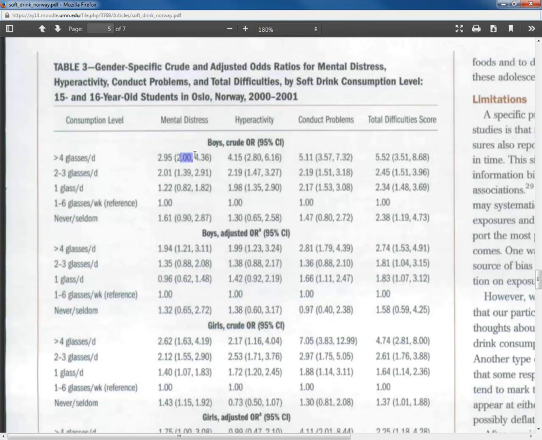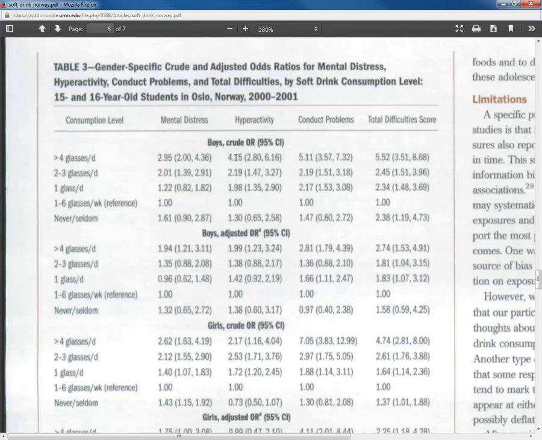Notice the confidence interval is entirely above 1. It is very clear that higher soft drink consumption is related to increased risk of mental distress for the high levels of consumption for boys.